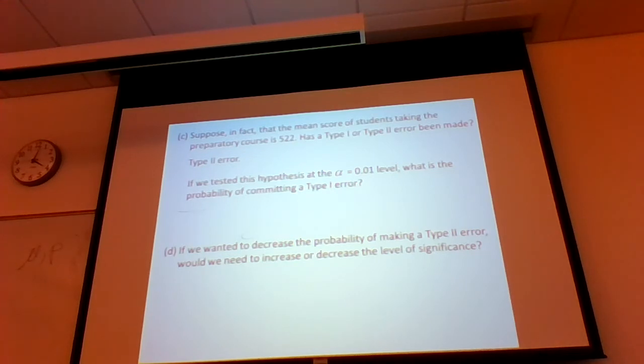Because the value of the exam is 522, so that contradicts it being 516. In other words, we're not rejecting the null hypothesis when it's false. So that's why it's a type 2.